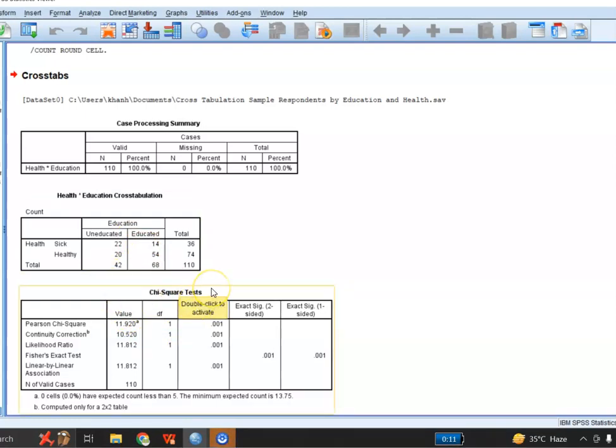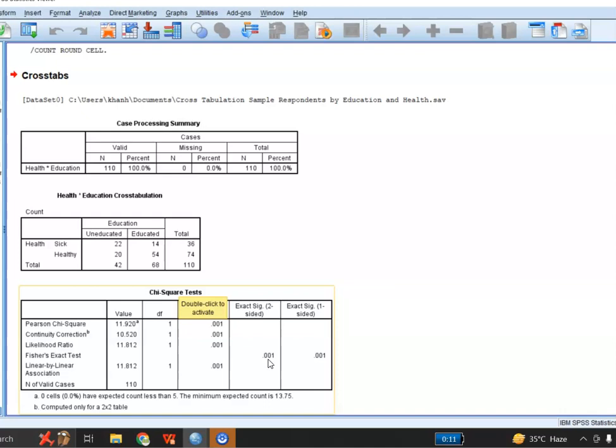the SPSS has given me the results of the chi-square test. Since I'm using the Pearson chi-square test of independence, its computed value is 11.920 and its two-tailed p-value is 0.001.